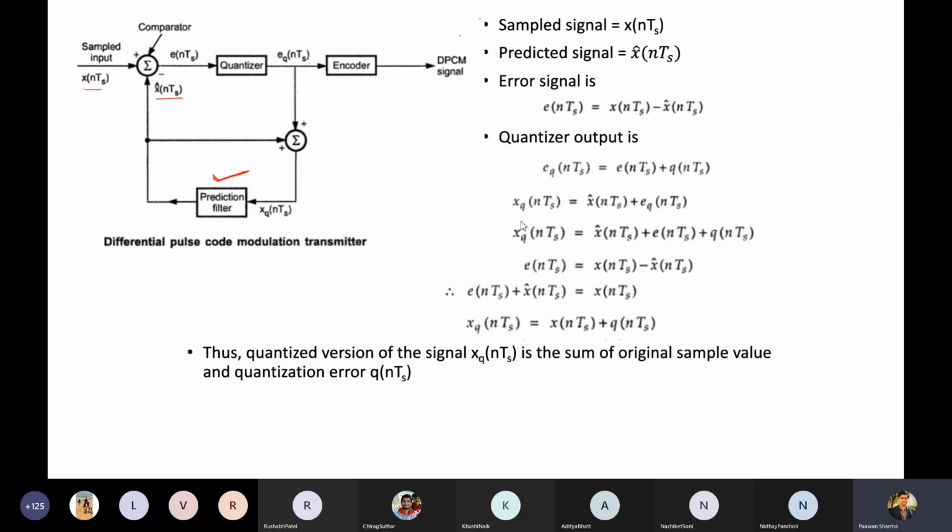Okay, you can see this EQ and ts we are taking here, and this x cap and ts also we are taking here to feed it into the input of the prediction filter. Can someone tell what is this? What is this principle? You might have seen it in signals and systems.